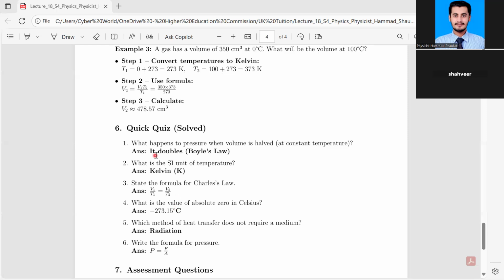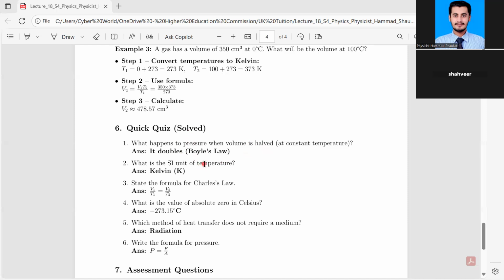So if the volume is halved, the pressure automatically increases by 2 times because there is an inverse relationship between pressure and volume. If the volume is decreased by 3 times, the pressure would increase by 3 times. If the volume is reduced by 10 times, the pressure would increase by 10 times according to Boyle's law.